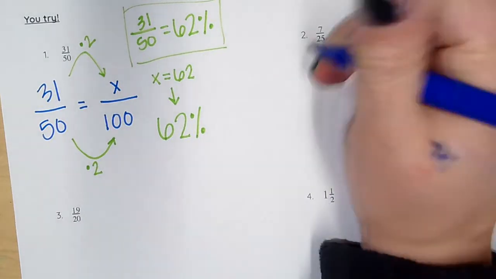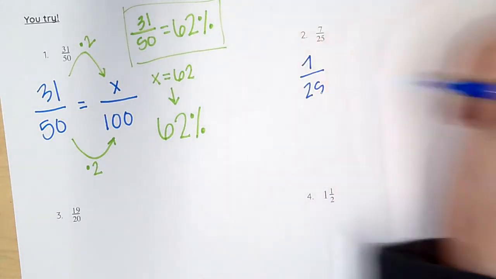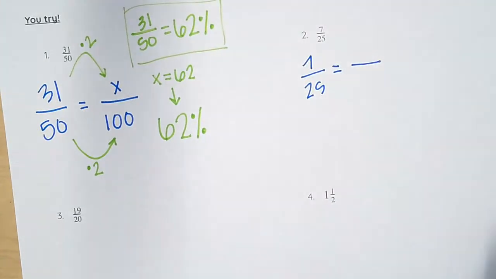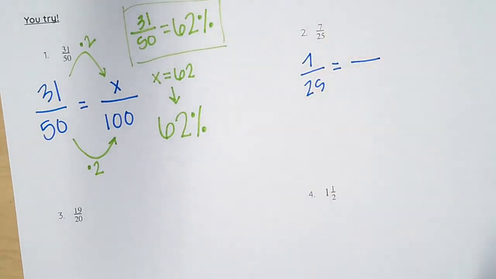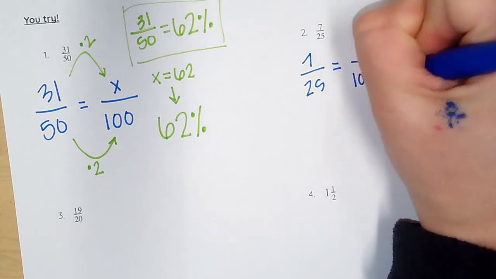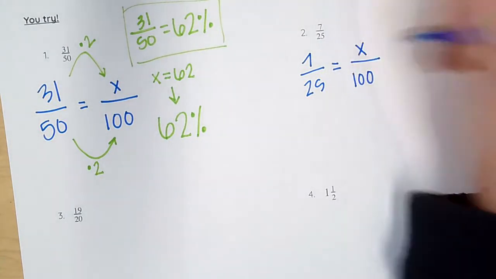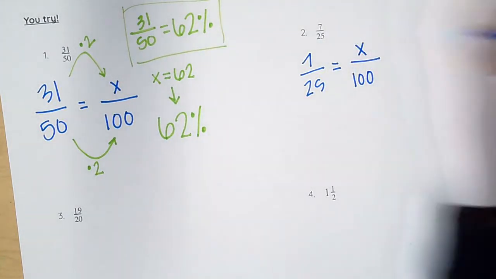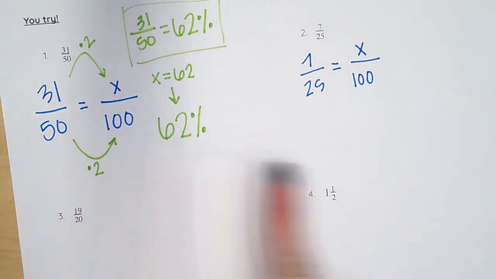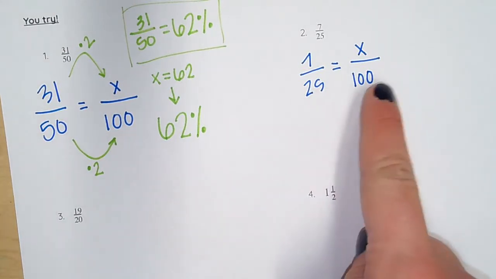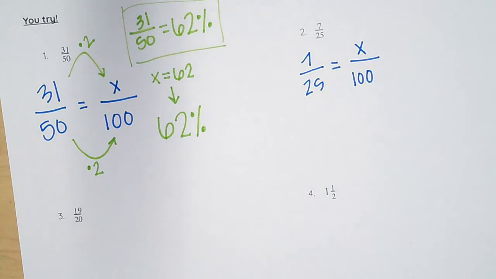So again, I can set up 7/25. So we're setting up an equation here. 7/25 has to be equivalent to something over 100. We just don't know what that something is yet. Now, I know that if I multiply 25 by 4, I can get 100.